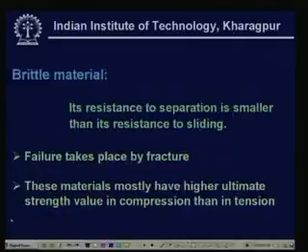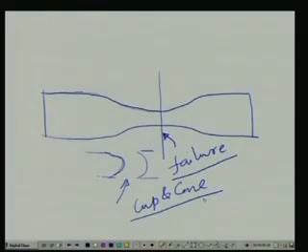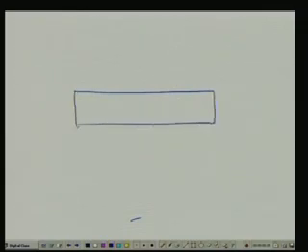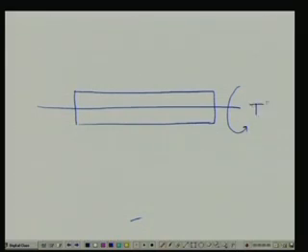Now, we can see one situation: if we consider a bar, and it is acted upon by a torsion, suppose T. That means you are twisting, giving a simple torsion to a material, as I have shown you in this particular figure.